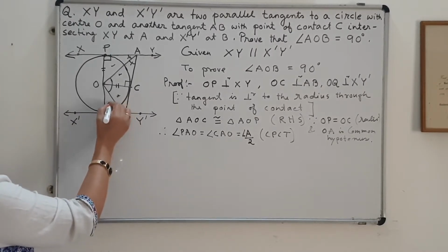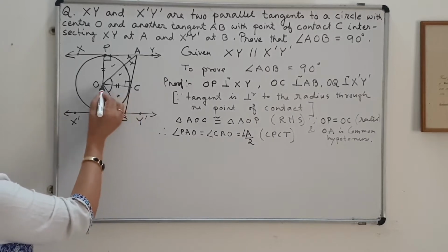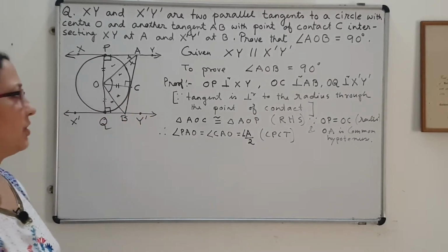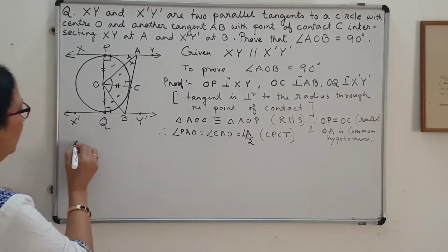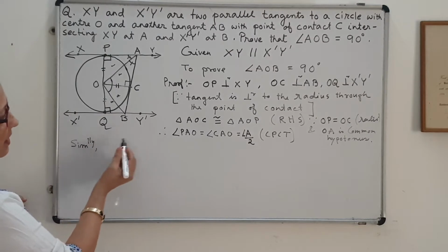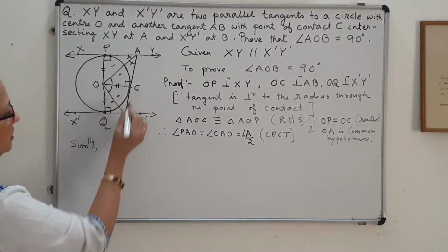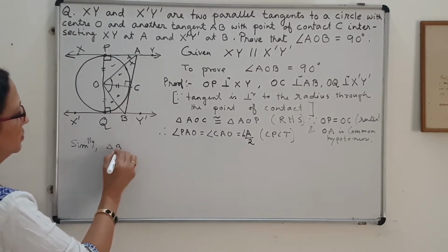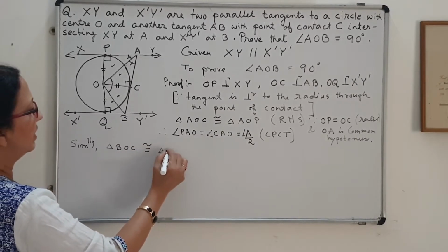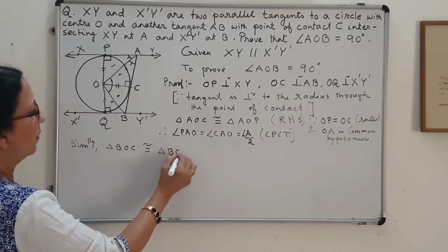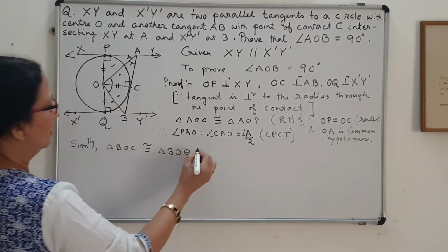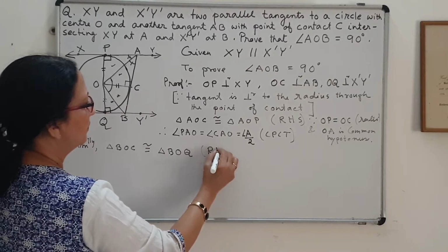Why? Same procedure, these are radii and this is a common hypotenuse. So by same logic I can write similarly, triangle BOC will be congruent to triangle BOQ by RHS.